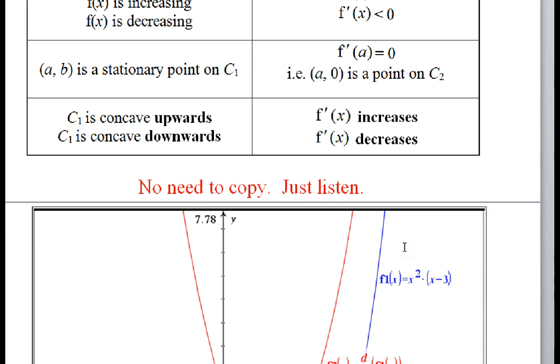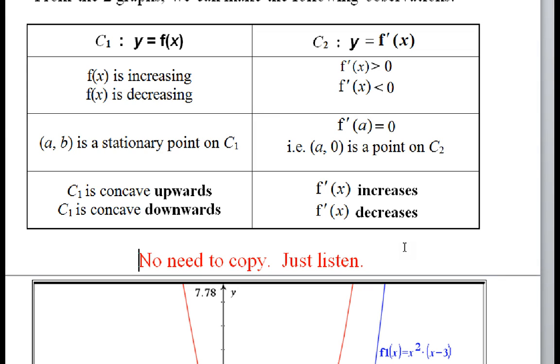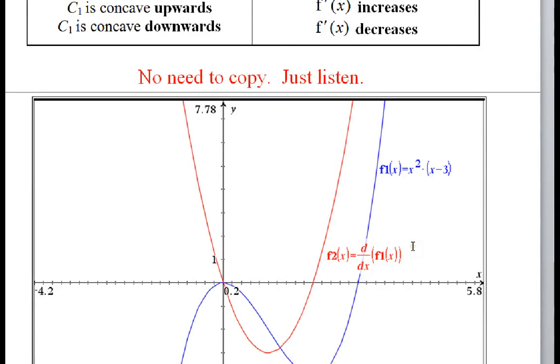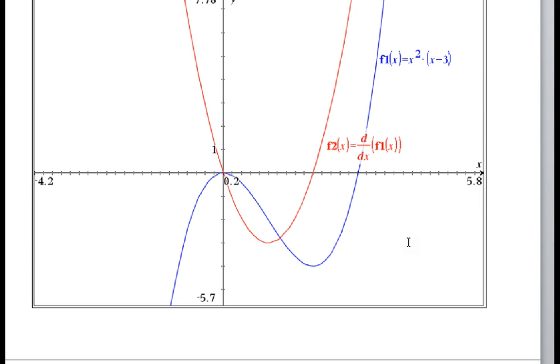Okay. This is a bigger one. Let's look up. If f x is increasing, this portion here. Can I have attention? The blue one, let's orientate ourselves. The blue one is the original graph. The red is the f prime x. Is it obvious to all of us that for this entire portion where it is increasing, the red graph lies above the x-axis because dy dx is positive?